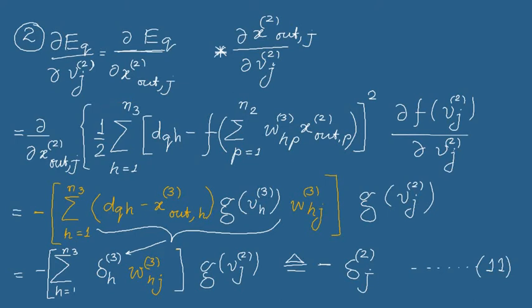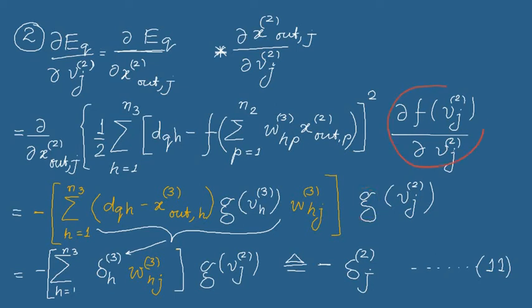So we have written EQ, but here we will be taking the partial derivative with respect to x out j. As far as this is concerned, we know that x out j is nothing but f of vj2. So we can write it like this, and the partial derivative of f(vj2) with respect to vj2, as we have seen earlier, is going to be the derivative of the activation function, which we write as g.